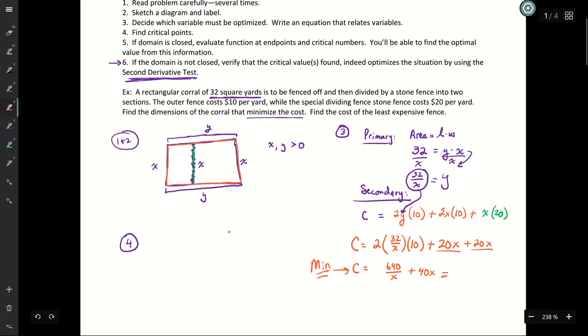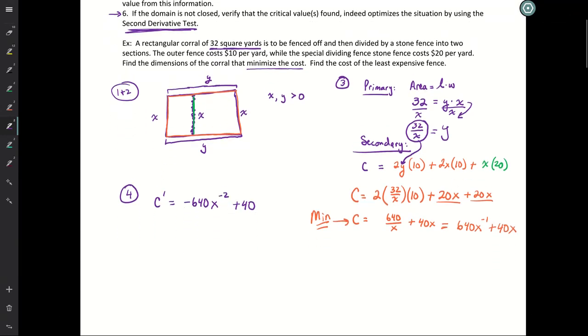Notice that the x is in the denominator here, so I'm going to rewrite this as 640x to the negative 1, and then the 40x is fine. All right, so coming back over here, C prime is going to equal negative 640x to the negative 2, and then plus 40.